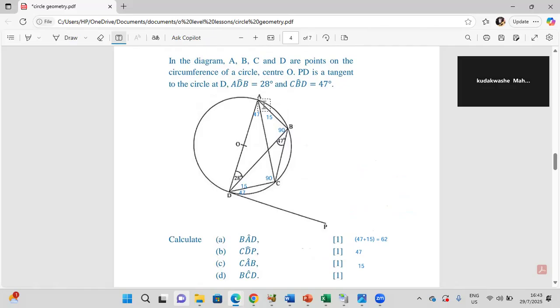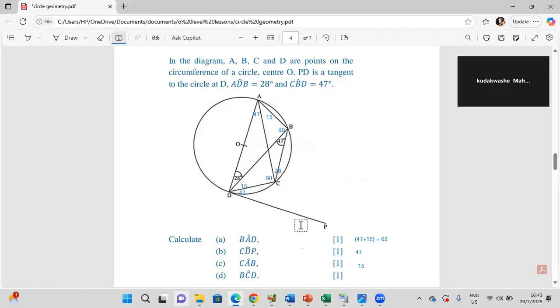Since we know angle A, the one we calculated, which is 62, this is a cyclic quad because angle A and angle C add up to 180. So if you say 180 minus angle A, you get the whole angle BCD. Or you could say the triangles ADB and ACB are sitting on the same chord AB, so this angle is also 28.